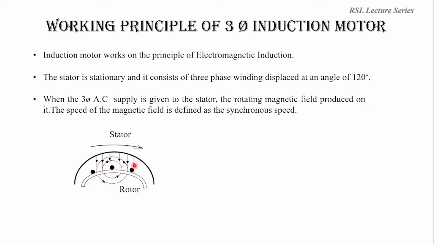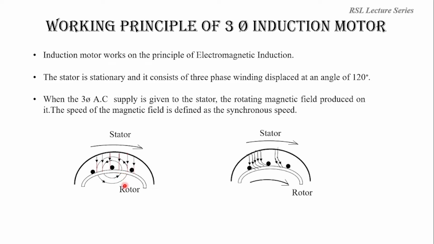Now these two magnetic fields will interact with each other. On the left hand side, these two magnetic fields are in the same direction, so they will get added. On the right hand side, these two are in opposite directions, that is, the stator magnetic field and the rotor magnetic field will cancel each other. As a result, we have higher flux density on one side of the rotor conductor and lower flux density on the other side.